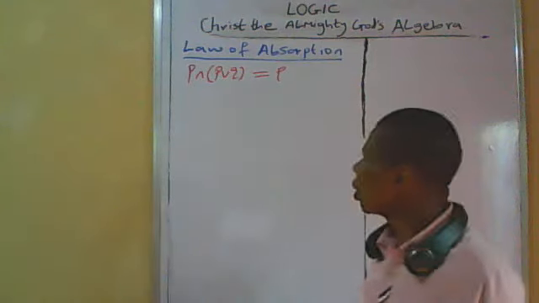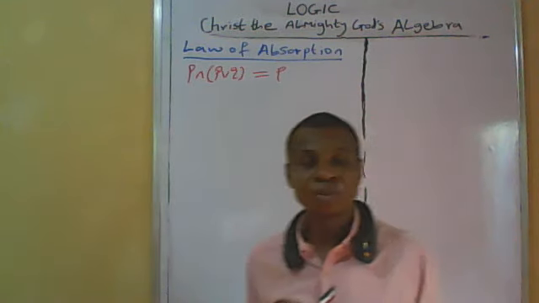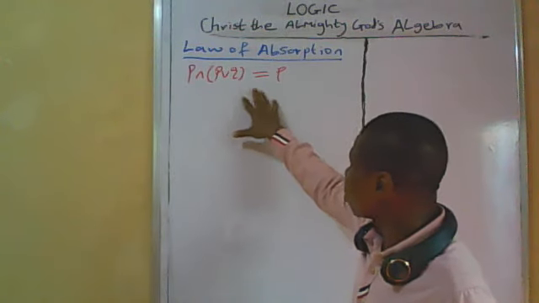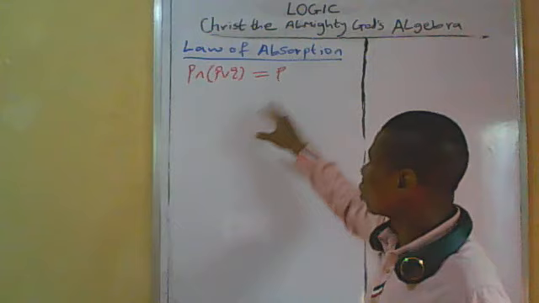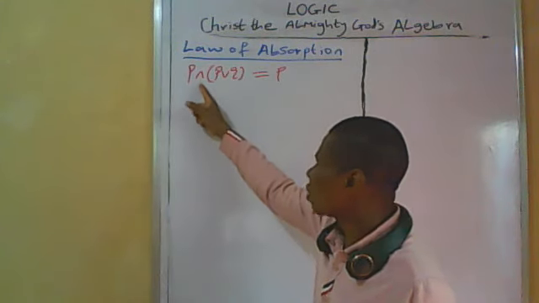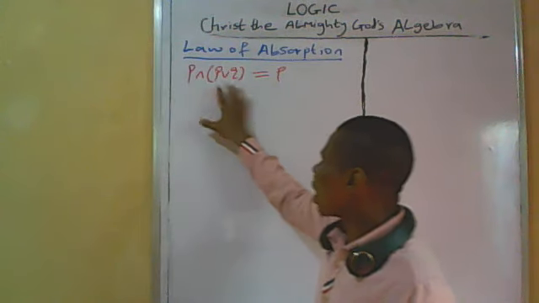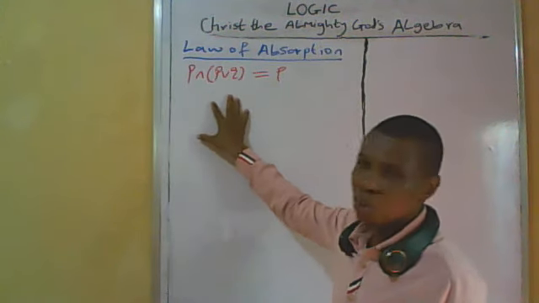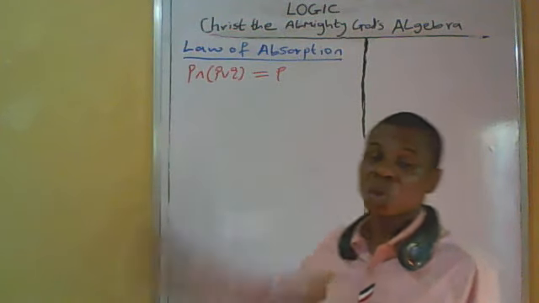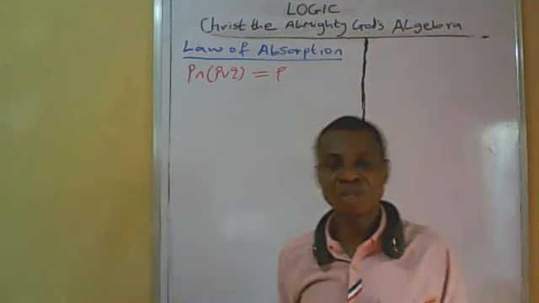We say that P and bracket P or Q is equal to P. What makes this statement law of absorption by conjunctive statement is the connective 'and' that connects the first conjunct P and the second conjunct P or Q together as a conjunctive statement. That's why it's called law of absorption by conjunctive statement.